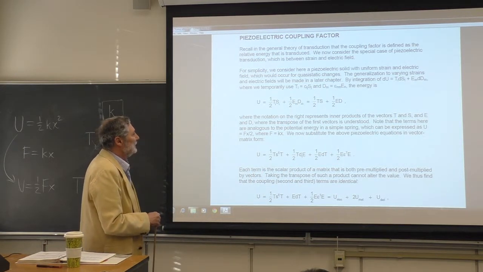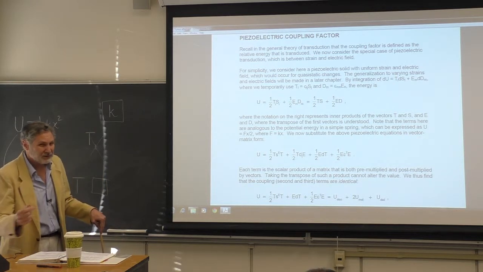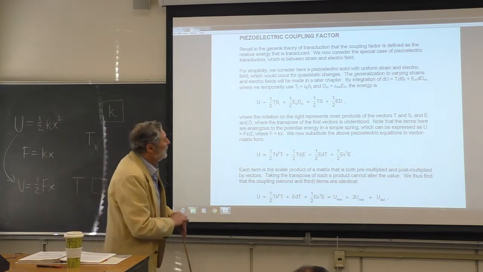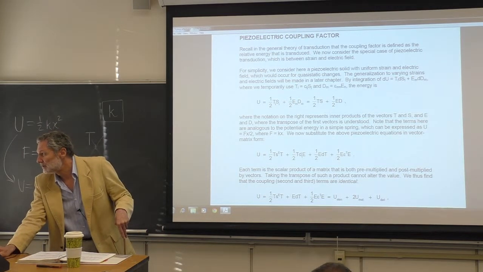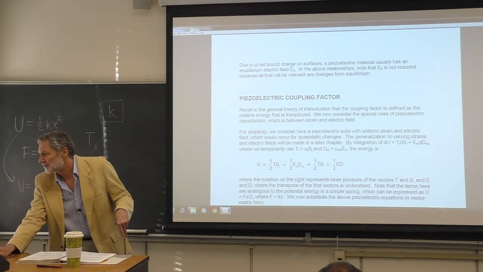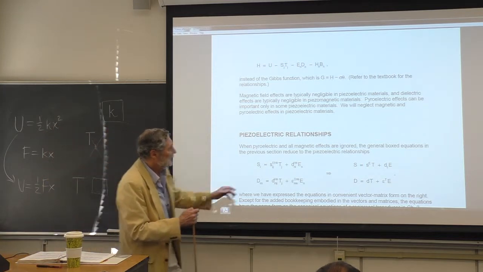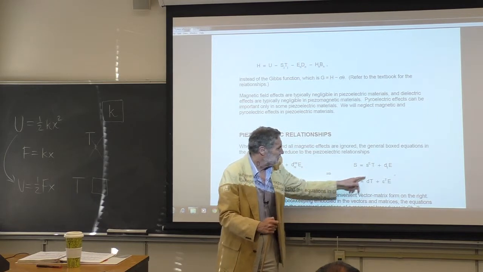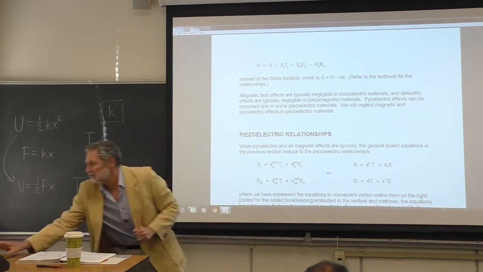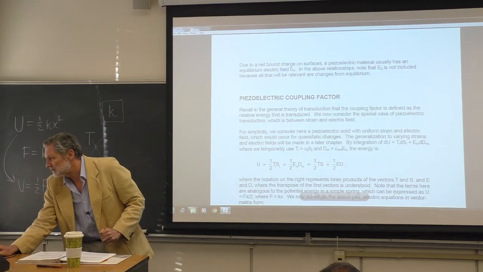And the next thing we do to analyze this, and we're after the relative transduction here, we're going to substitute essentially our canonical equations. So we're thinking of S and D as dependent variables. So I can take these expressions and substitute them into the energy. And when I do that, I'm going to get 4 terms. This may start to sound familiar to you.